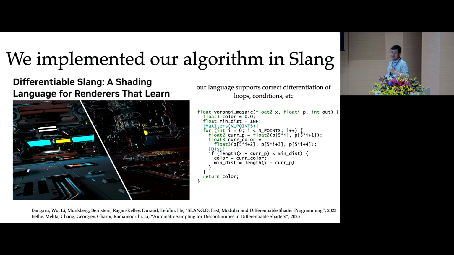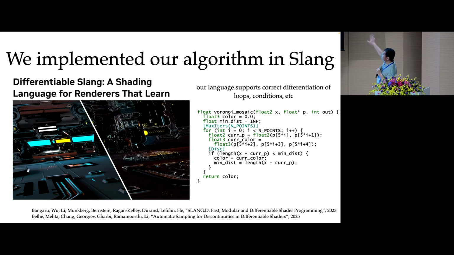And then draw the rest of it, right? So all you need to do next is to actually implement this inside a compiler that supports automatic differentiation. In particular, because it's work from our group, we implemented our algorithm in a shading language called Slang. It's something NVIDIA is pushing pretty hard these days, so maybe it will catch up.